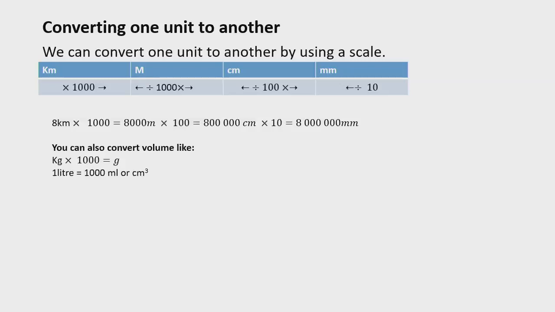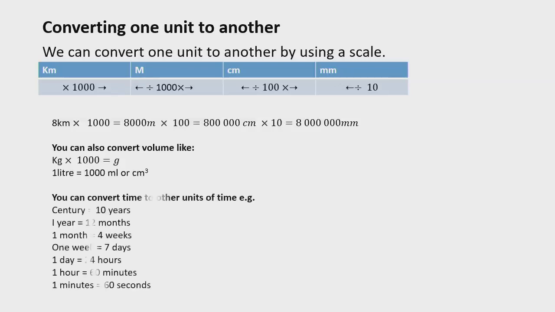You can also convert volumes like kilograms to grams by multiplying by 1,000, and liters to milliliters, or to cubic centimeters, by multiplying by 1,000. Those are values that one has to know.